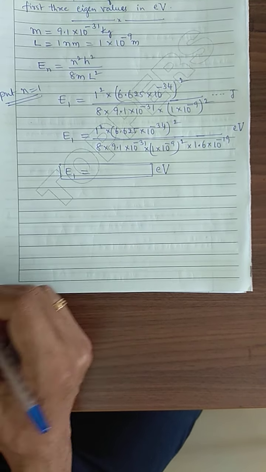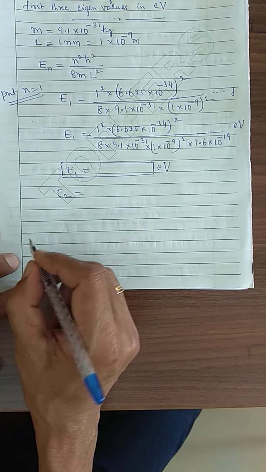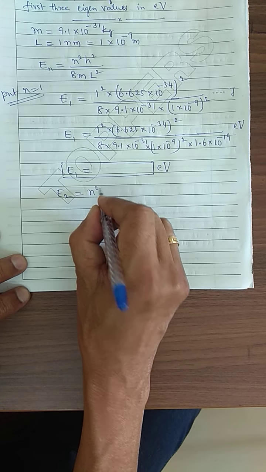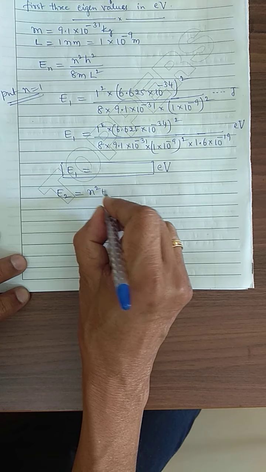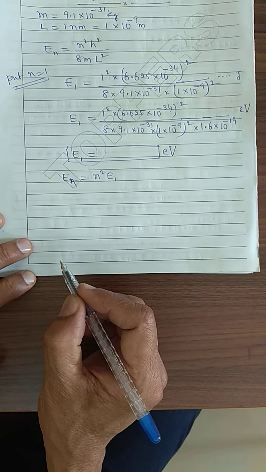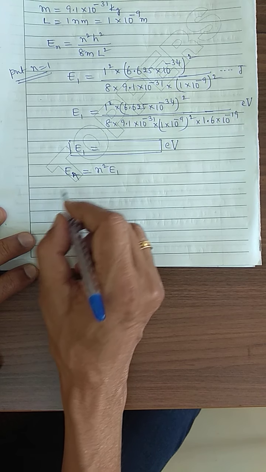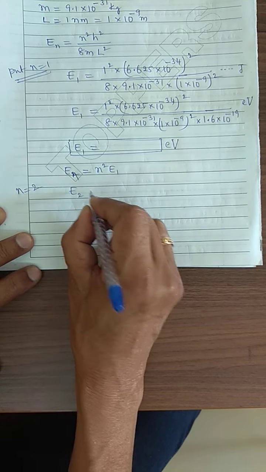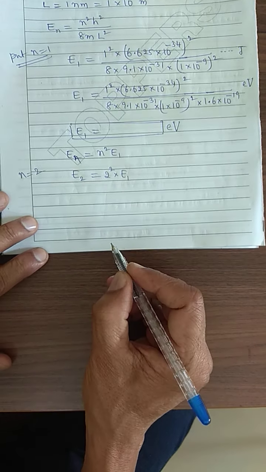This is for E1. En is equal to n square into E1. But here n is equal to 2, I am going to put. If you put n equal to 2 here, E2 is equal to 2 square into E1.